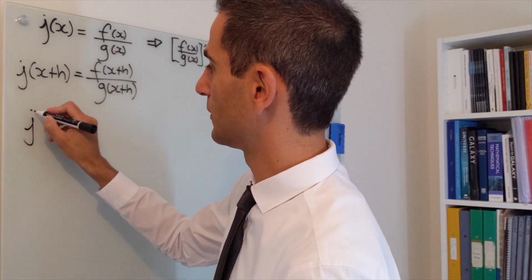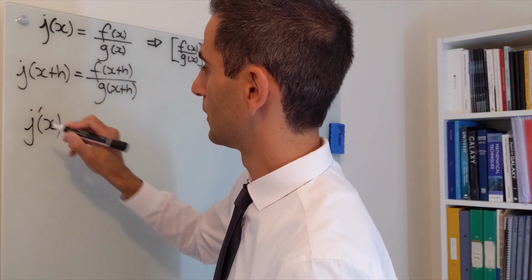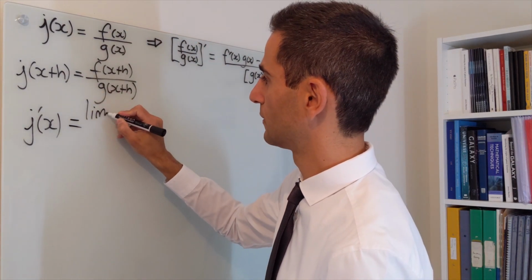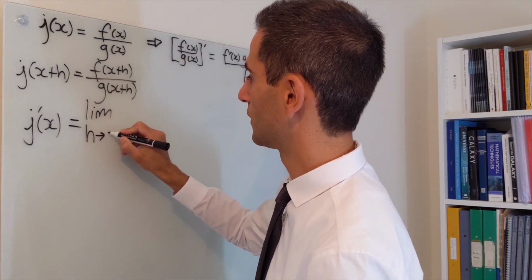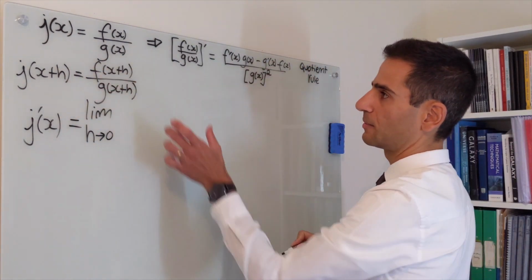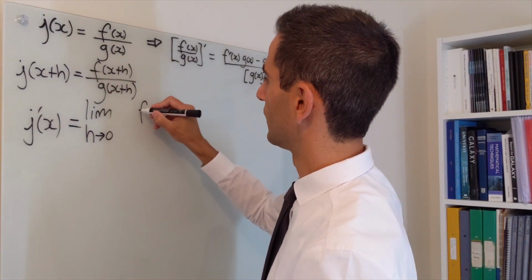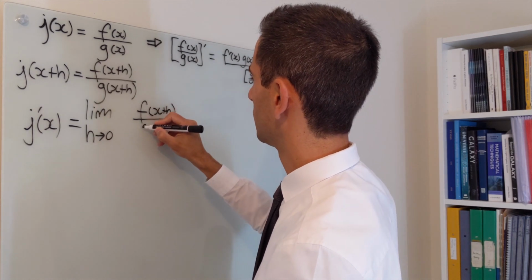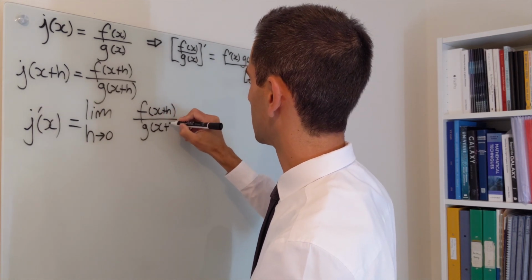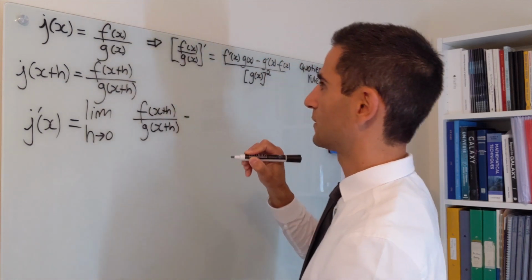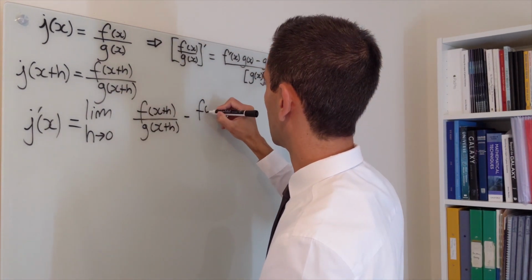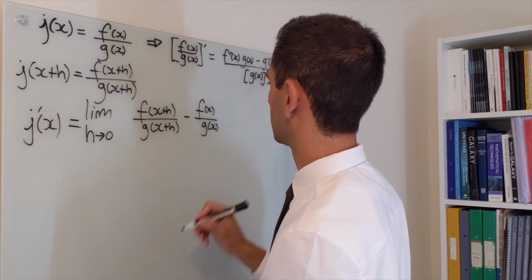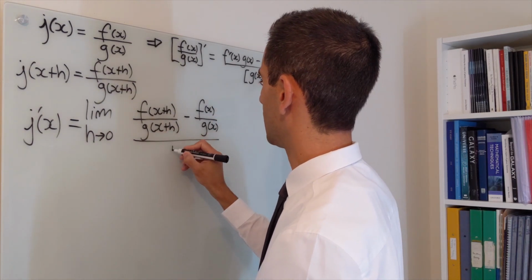This means that the derivative of j of x is the limit when h goes to 0 of f of x plus h over g of x plus h, minus f of x over g of x, divided by h.